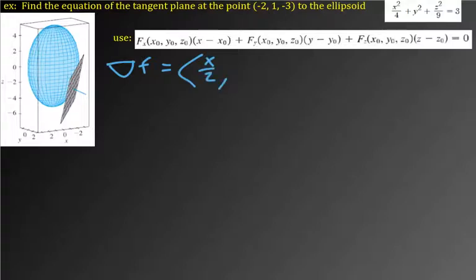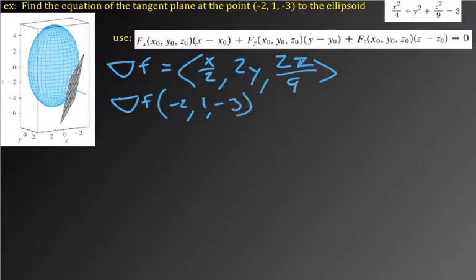Then you get 2y, and then 2z over 9. We have to evaluate the gradient at the point -2, 1, -3. And if you do that, you get -1, 2, and -2/3.